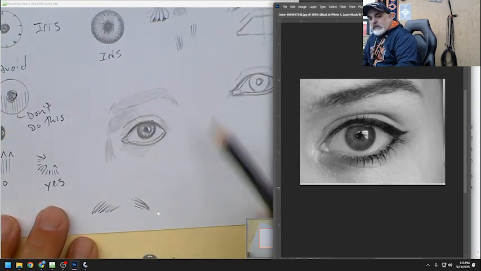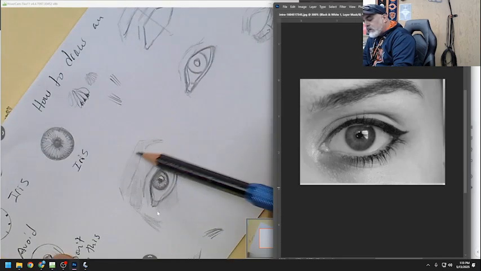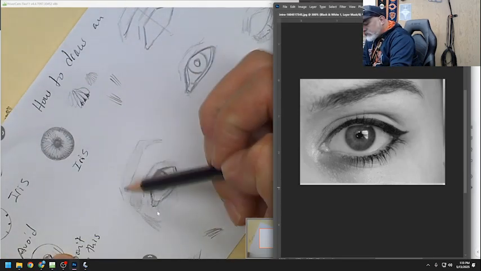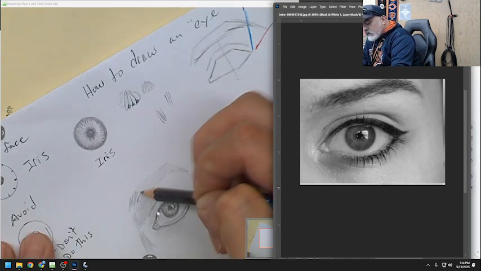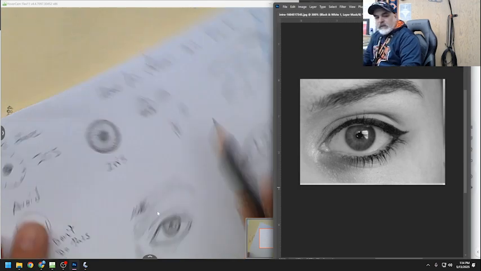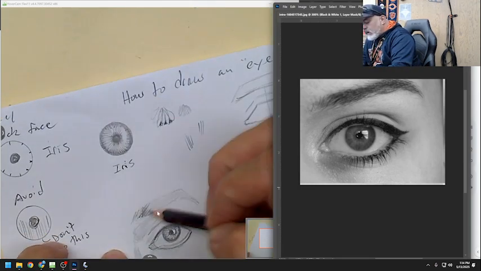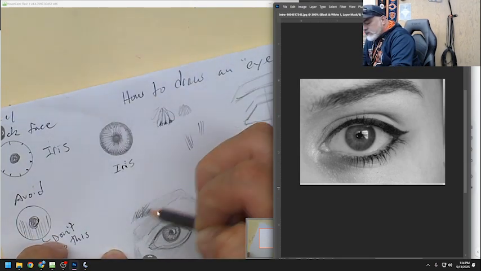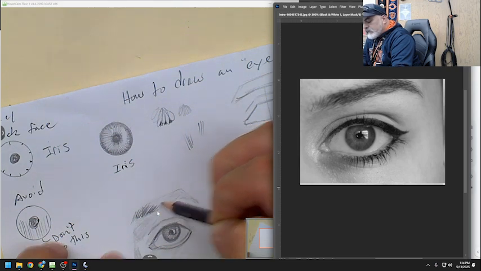And where these two meet, that's where we have this little peak or this little point. So I start off here nice and loose. And then, if you look at the beginning of the eyebrow, you have some loose hairs, and then they get bunched up.